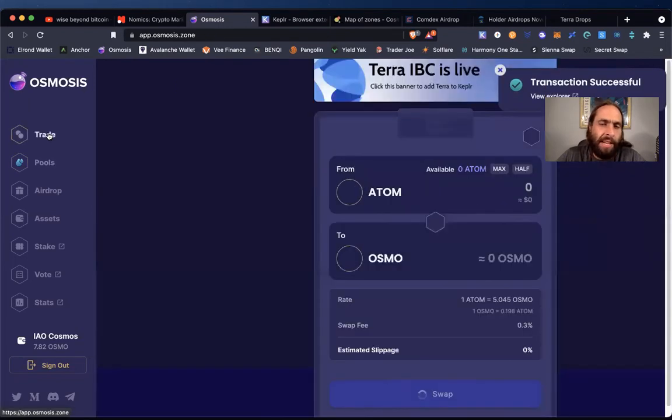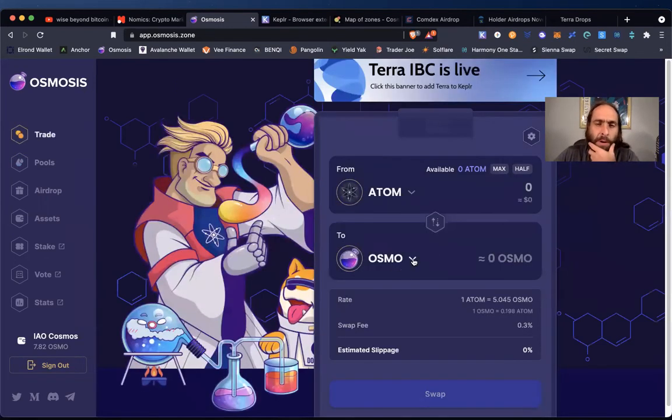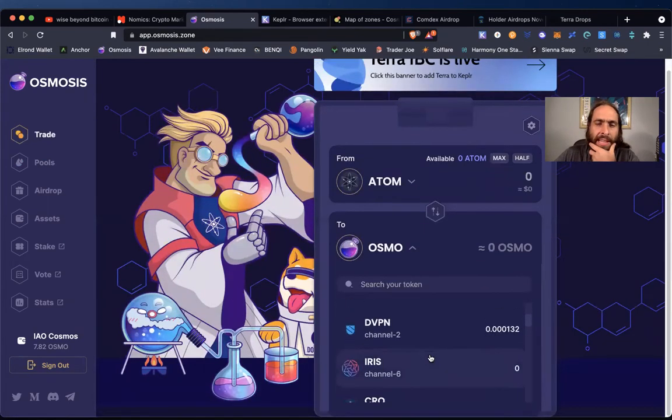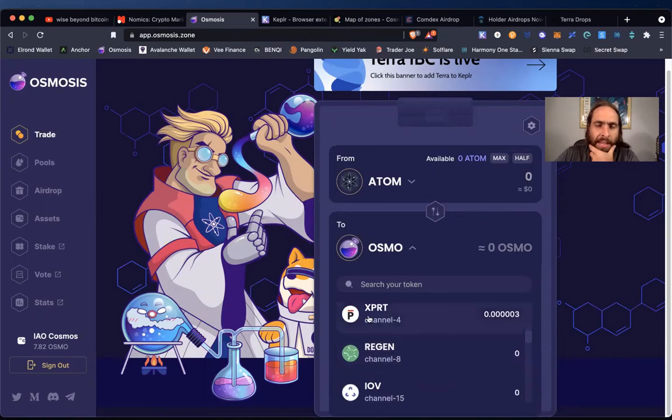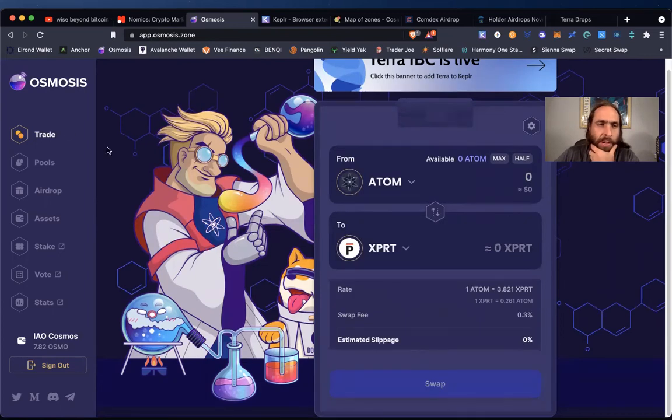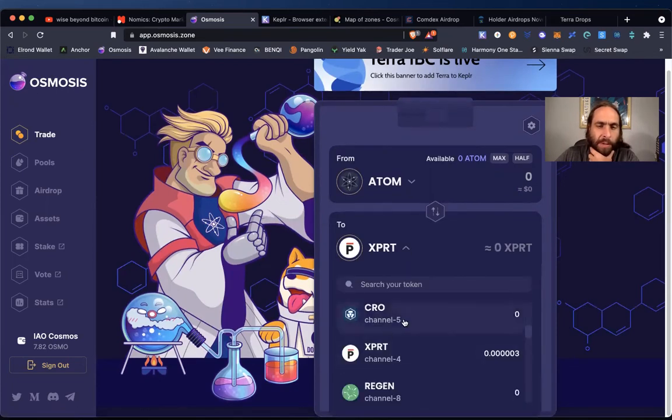We are done. Now, there are a few protocols that I haven't quite had the time or the ability yet. But XPRT, that's one that I've been interested in actually having native token, not just on Osmosis, because when you leave something on Osmosis, you notice these are channels. When you leave something on Osmosis, they've been bridged over and they're not on their native chain.